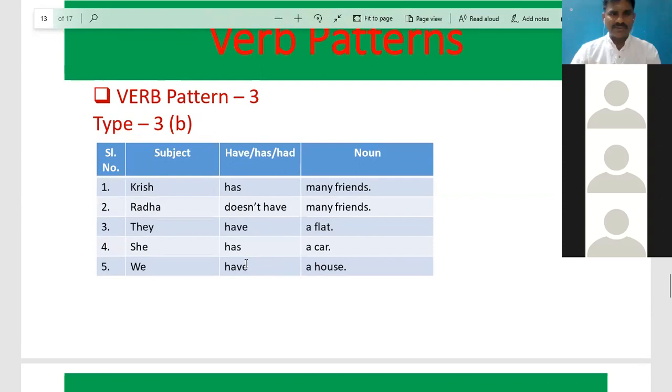Basic three patterns, but with subcategories, six patterns. In the next session we will focus on two more important verb patterns. This is in the textbook, so you have many examples. At least spend some time and read the examples on these three patterns.